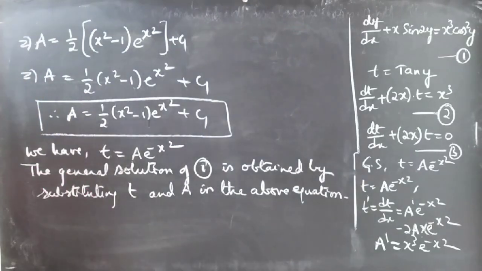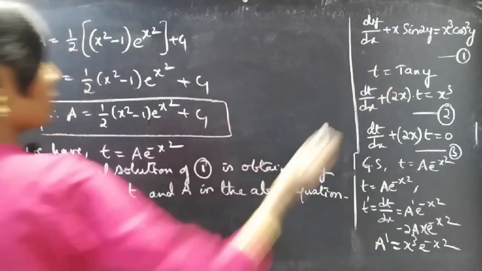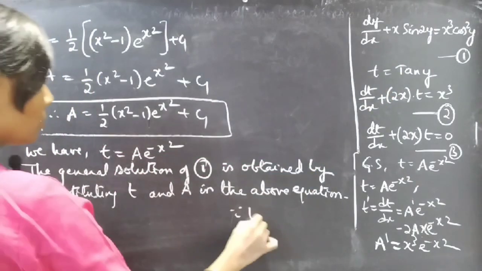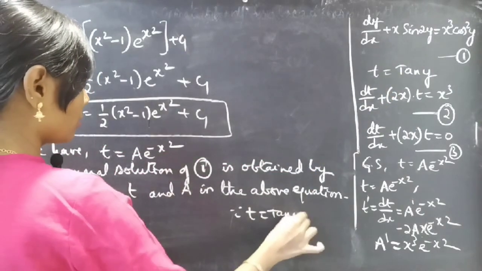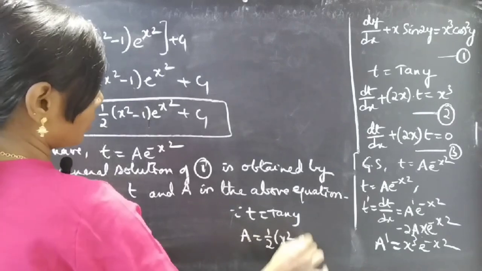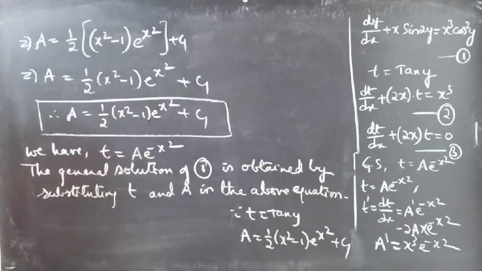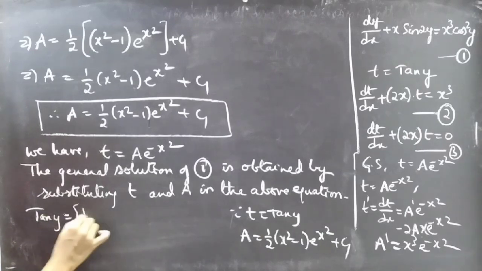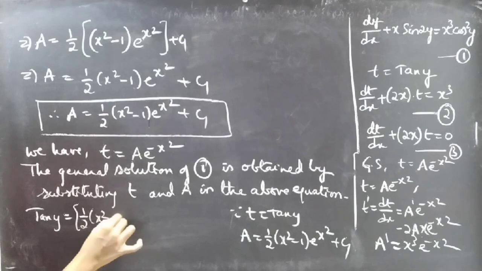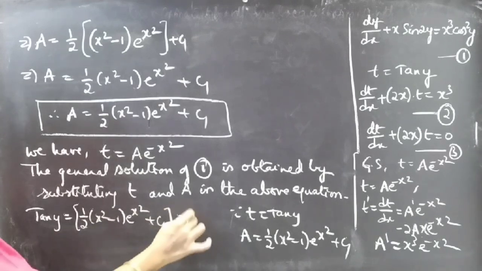Then we'll get, just replace t by tan y, since t equal to tan y, and A equal to 1 by 2 of x square minus 1 into e power x square plus c1. Just substitute these two in this equation, then we'll get t, which is tan y, equal to A, 1 by 2 of x square minus 1 into e power x square plus c1, into e power minus x square.